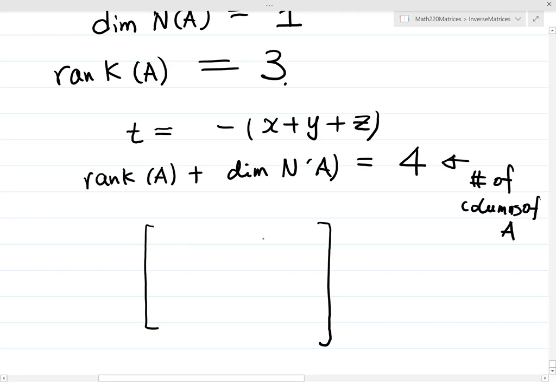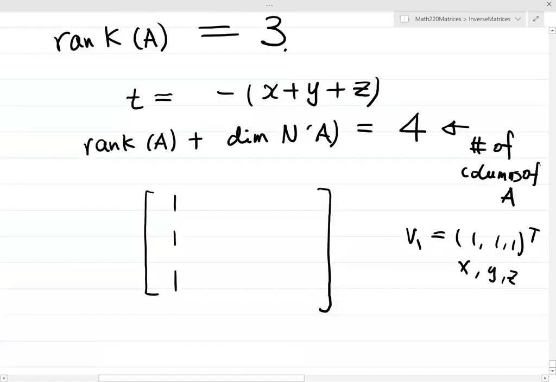So we need vectors in the row space. We can also choose x, y, z like this: x is 0, y is 1, z is 0.